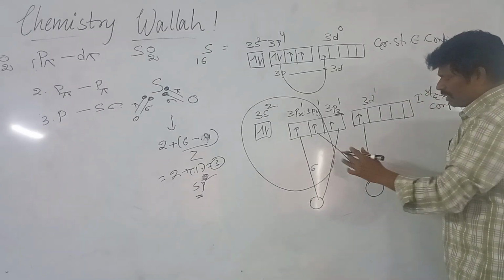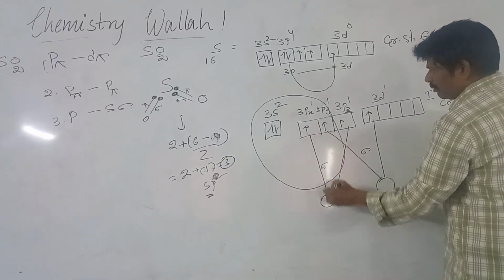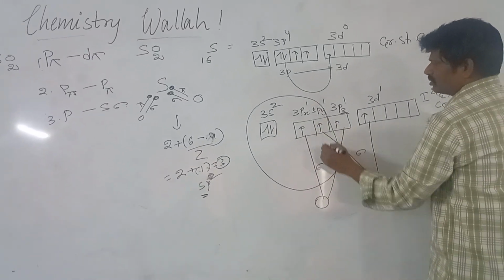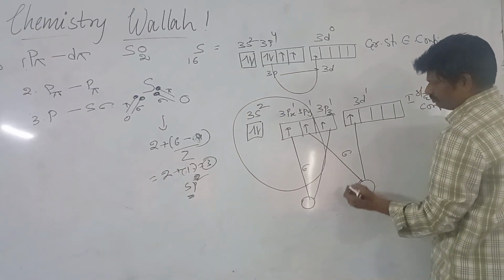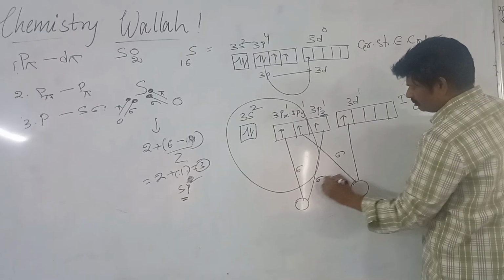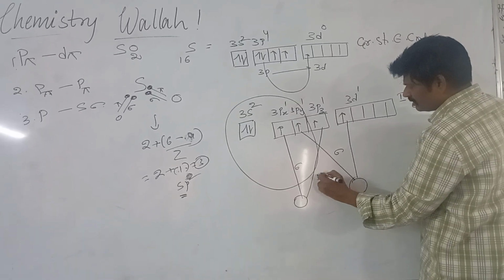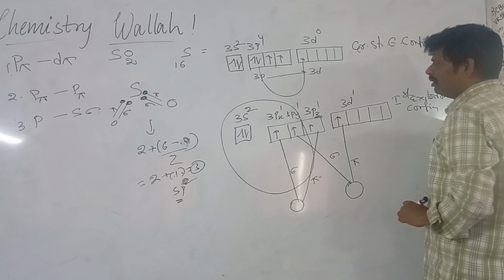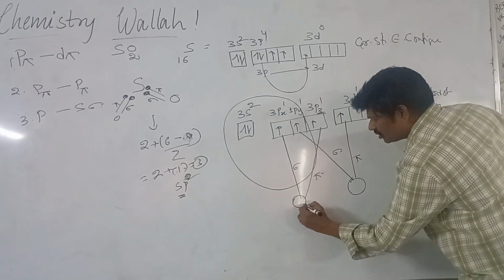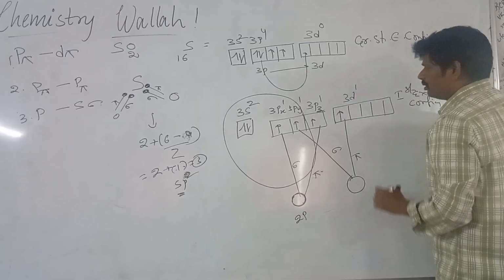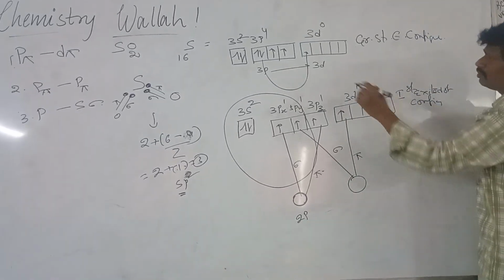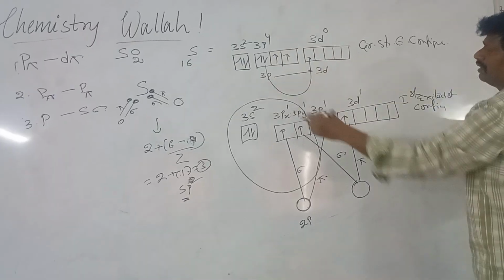So according to the configuration, sigma bonds are formed by this region of orbitals, one s orbital and two p orbitals. The remaining are pi bonds. So what is the last shell configuration of oxygen? The 2p level.